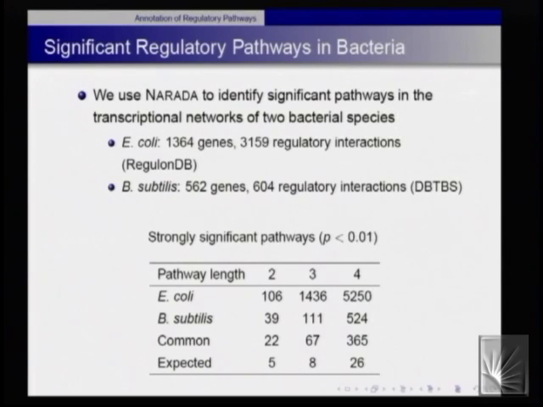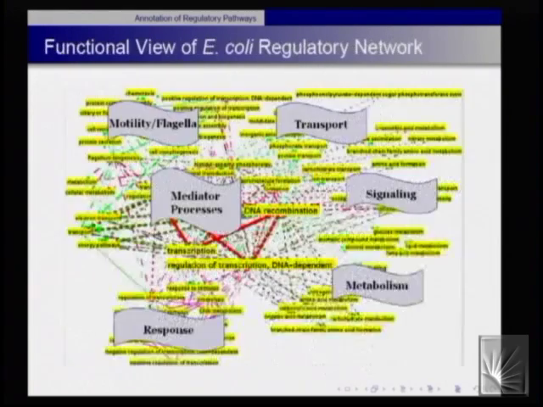So these patterns must really correspond to something, because you don't observe them if the networks were random. Even if they are incomplete, there is quite an overlap. And as the length of the paths goes up, the significance also goes up. The difference between the observed common patterns and the number of expected patterns goes up.